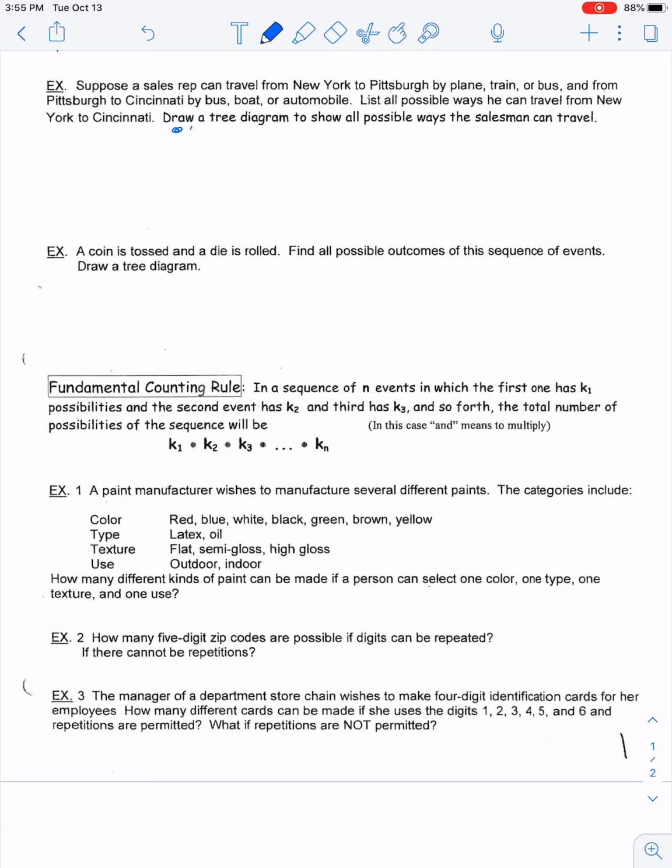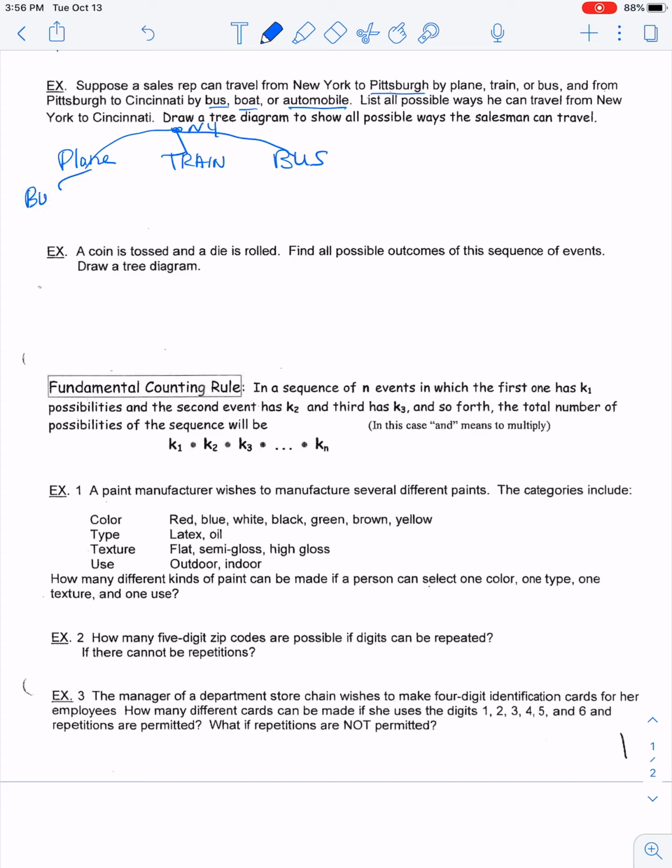Okay, so I'm going to start here in New York, and I want to travel to Pittsburgh. So my choices for leaving New York are by plane, by train, or by bus. Okay, and then once I'm there, I can continue on my trek on to Cincinnati, and at that point in time, I have a choice of doing a bus, a boat, or an automobile.